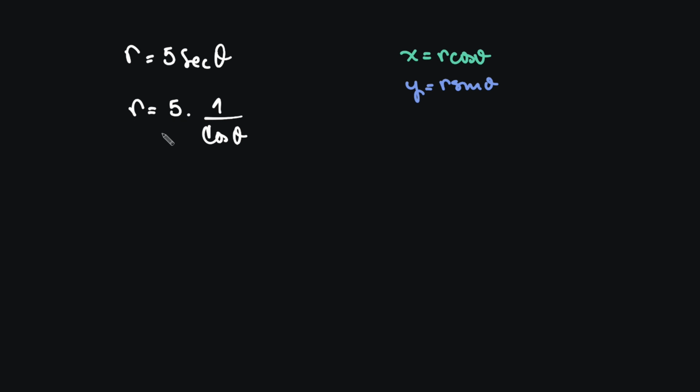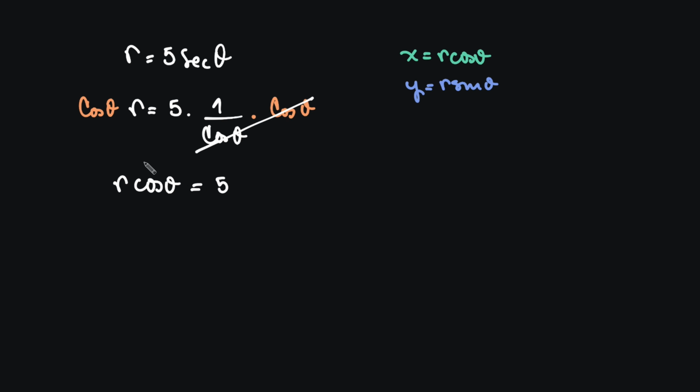So now that we have this, we notice that if we get rid of cosine and we're able to multiply by r, we will have precisely this, right? And the only way that we know to do this is apply the inverse here. So we multiply by cosine of theta on both sides. And we know that this will cancel out, and cosine of theta times r is the same as r cosine of theta, equal to 5 times 1, that is 5.